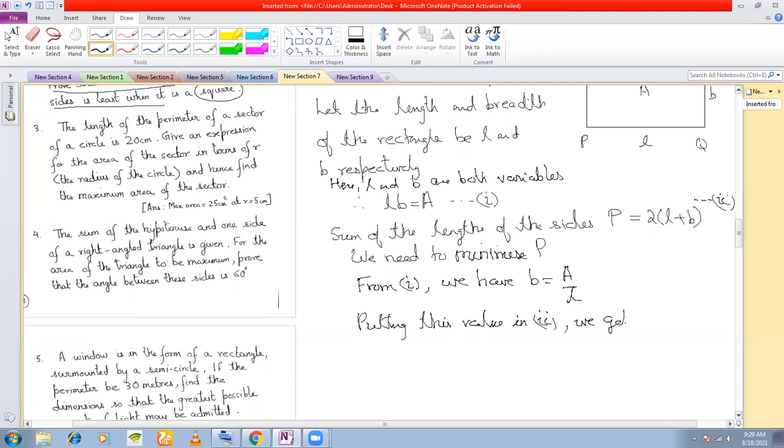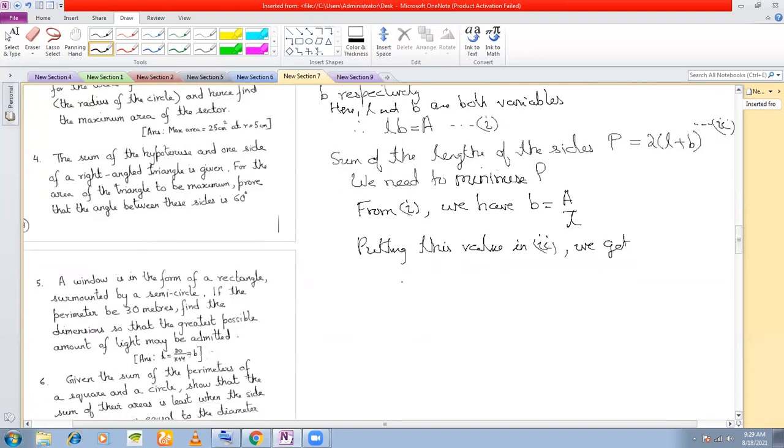We get, what is the expression for perimeter we are getting? P is equal to twice L plus A by L. Now P is in one variable, which is L, right? Now we need to minimize this. How do we do that?